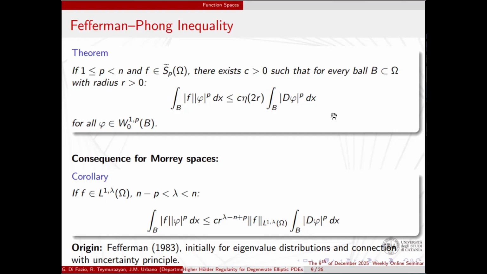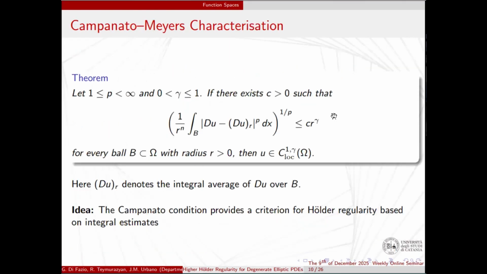So this is our main tool that we use. And another very useful tool is due to Campanato and Meyers. It is an integral characterization of Hölder continuous functions. So if you fix parameters p and gamma, as in the statement, the quantity on the left is like an average of the gradient of u minus its average, where u_r is the integral average over the ball B_r.